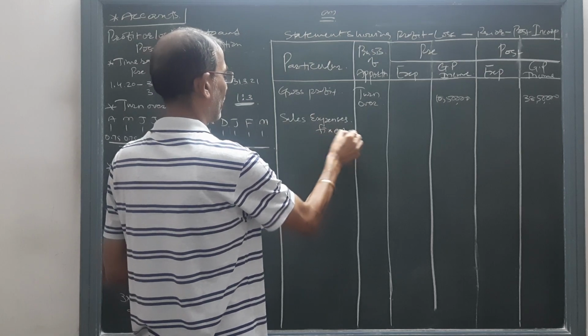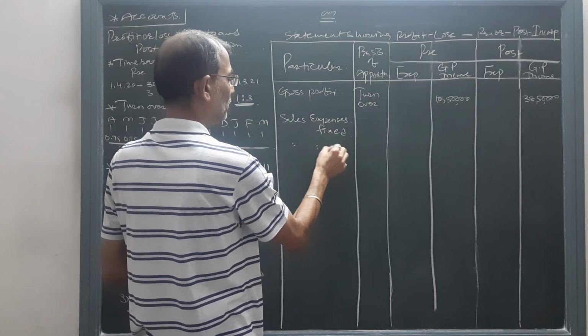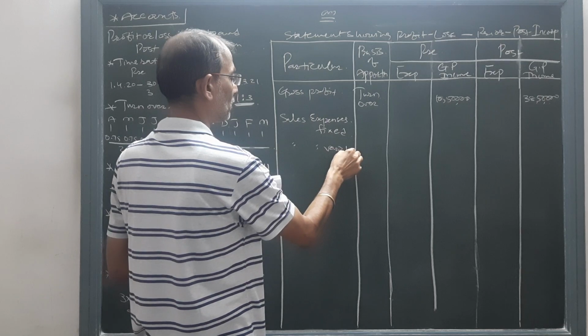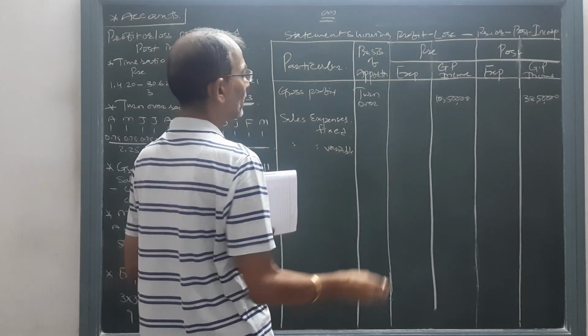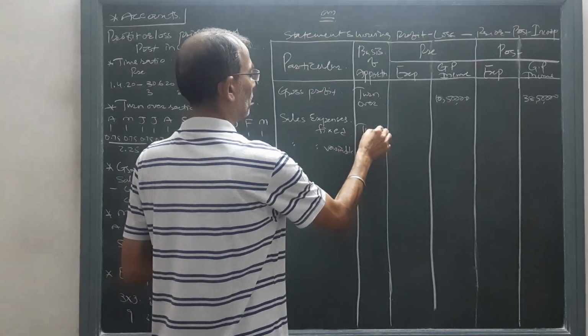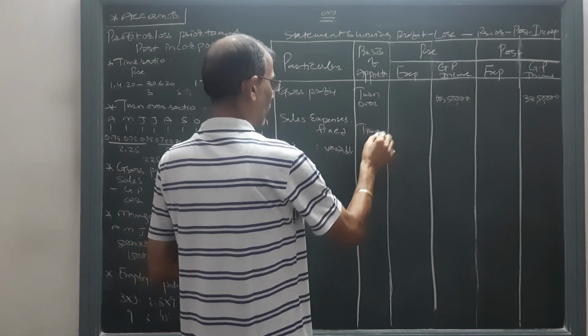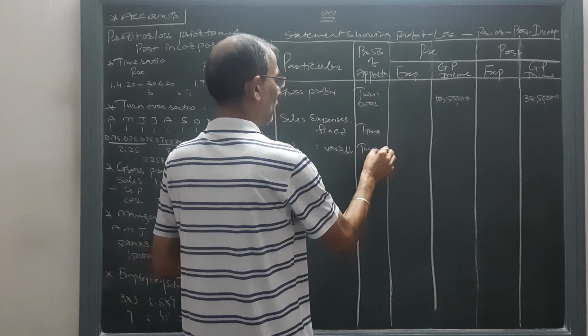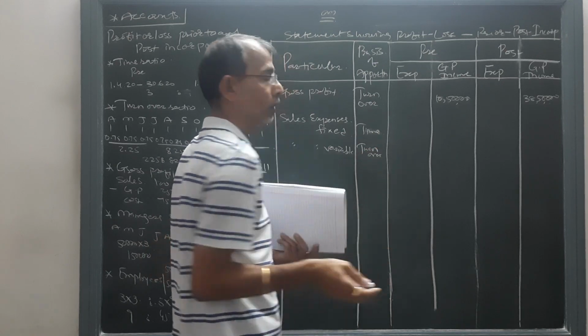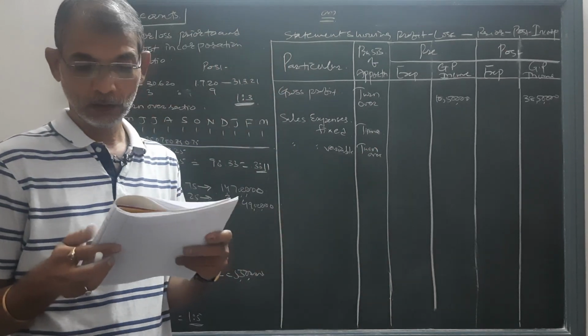First fixed, then after, fixed expenses will be in the time ratio, while variable in turnover ratio will be distributed.